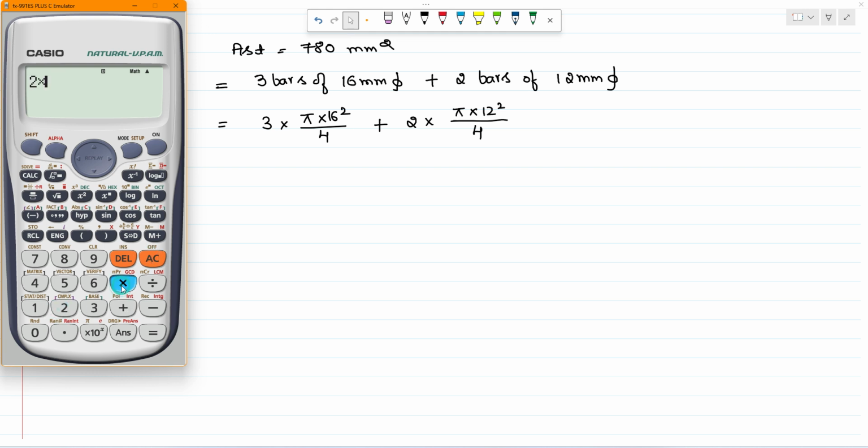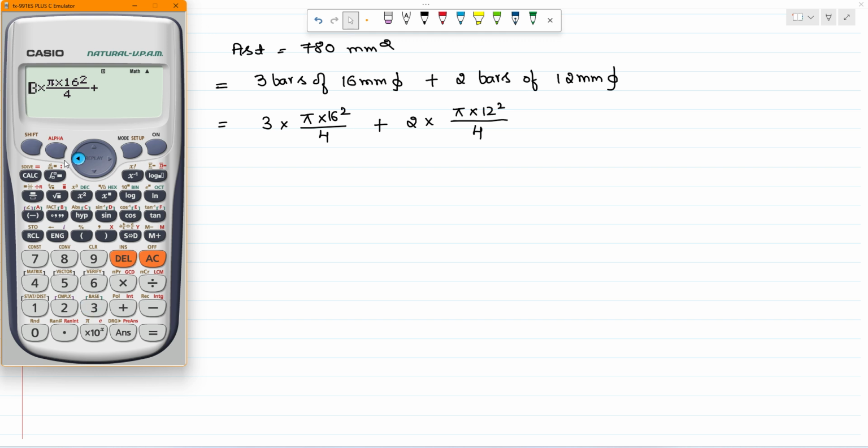So first 2 into pi into 16 square divided by 4 plus, sorry, it is 3 numbers.